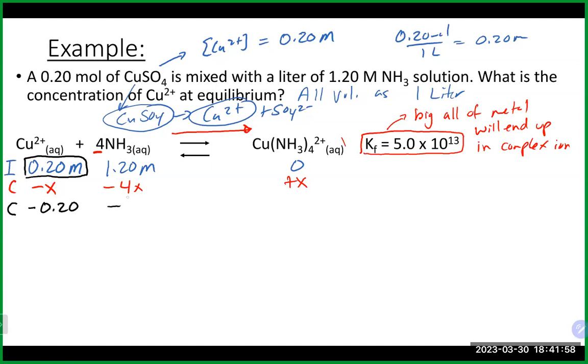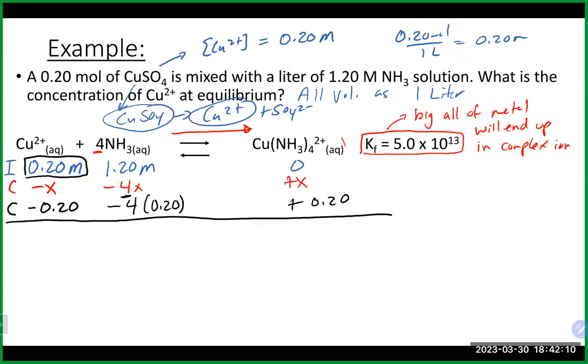This would be minus, we still need to take the 4 into account, 4 times 0.2, and this would be plus 0.2. That means when we get to equilibrium here, by using the numbers, I'm just going to cross that guy out. That would give us none of the copper left over. That would give us 1.2 minus 4 times 0.2.